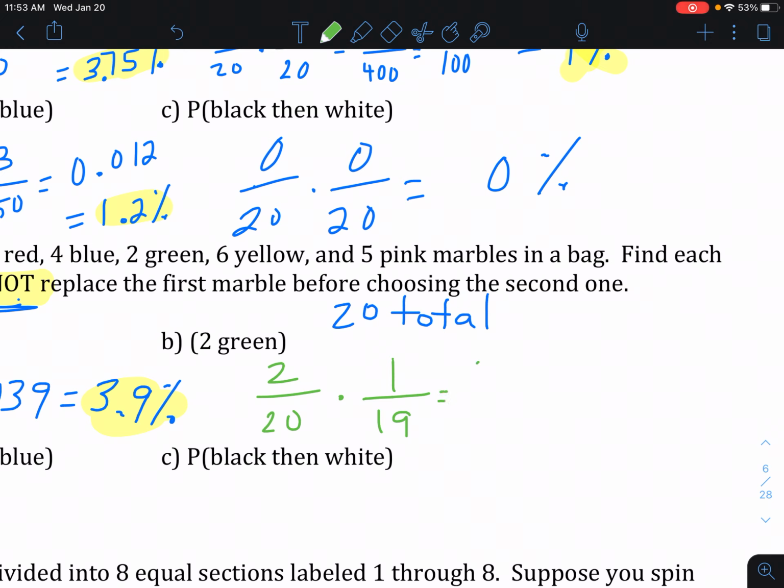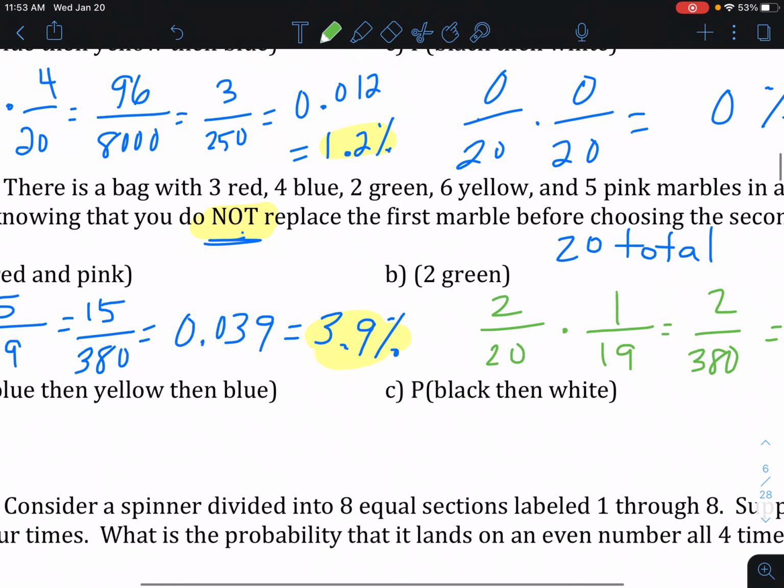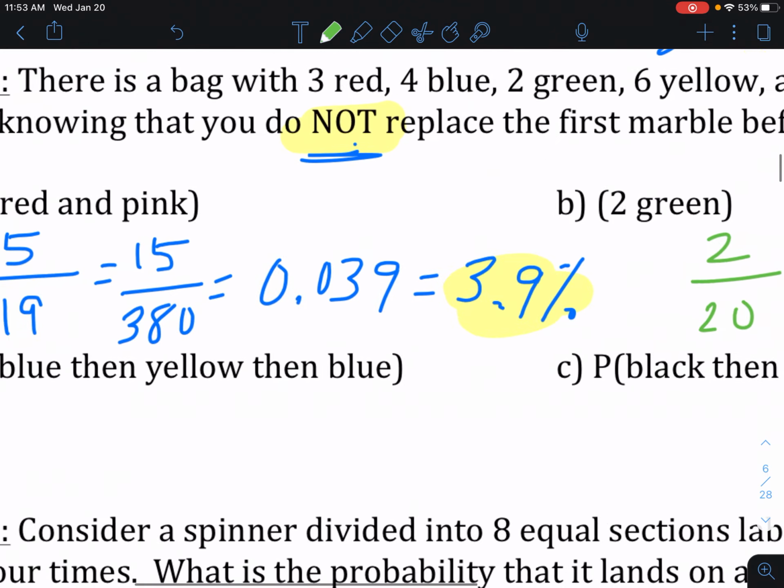So multiply, you would get not 3, 2 out of 380, which divides to have 0.005, which is 0.5%. That's half of 1%.